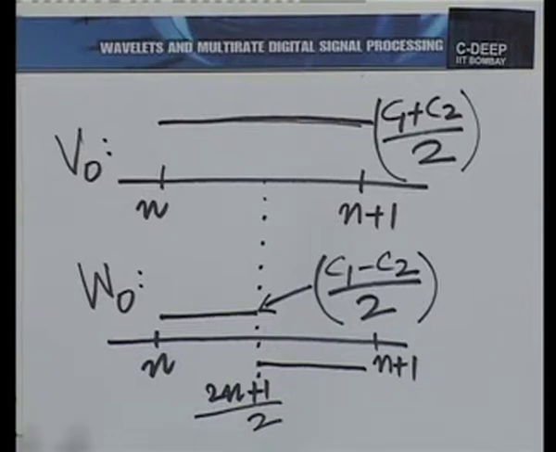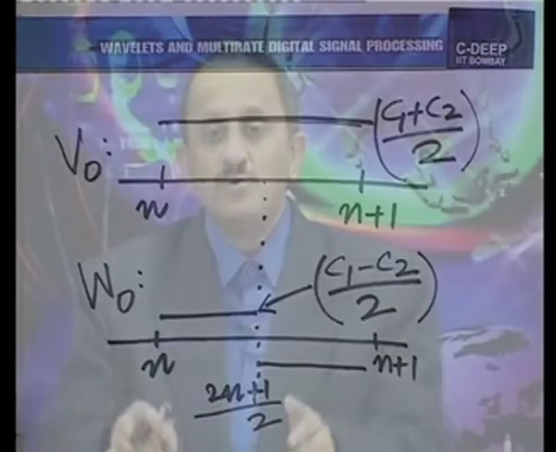So, it is very easy to see that we can in general decompose a function in V1 into a function in V0 plus a function in W0 in a unique way. And therefore, the orthogonal decomposition of V1 into V0 and W0 is easy to construct.